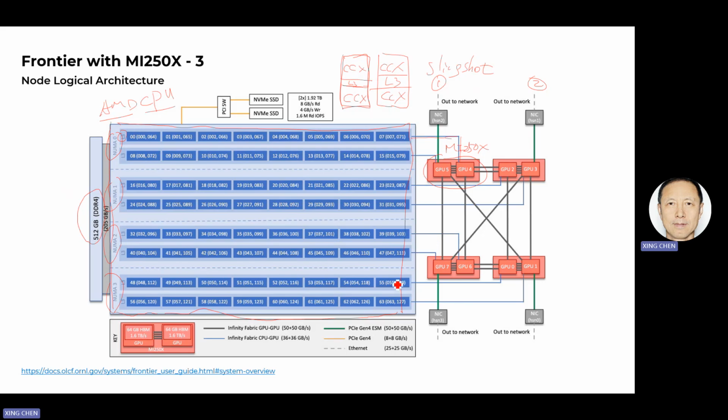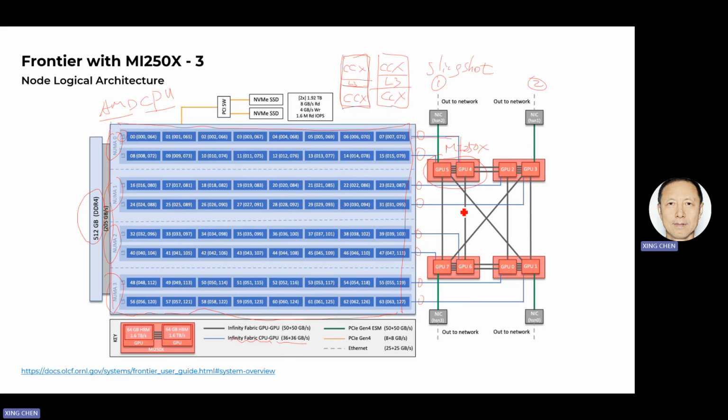And then you have this Infinity Fabric between the CPU and the GPU, which is 36 plus 36 gigabytes per second. Here you have this one, and this one, and this one. Each GPU is connected to one L3 region by one Infinity Fabric link between the CPU and the GPU.